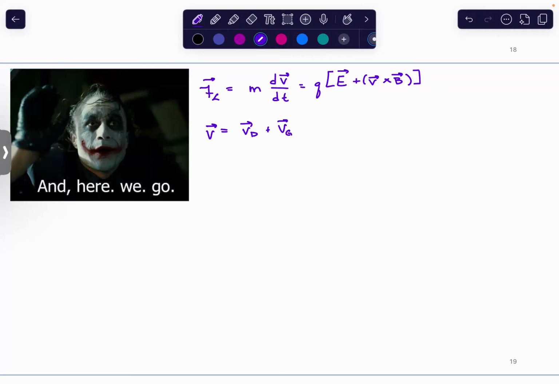D is our drift velocity. What's another force that's going to be playing on this particle that could represent G? What's that second velocity? Gravitational velocity.